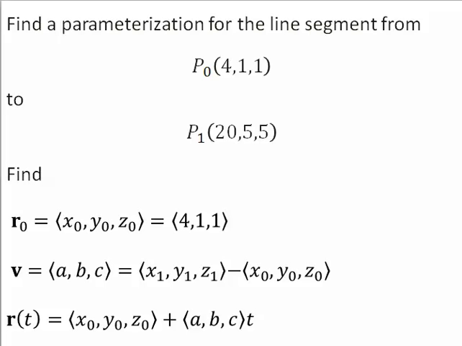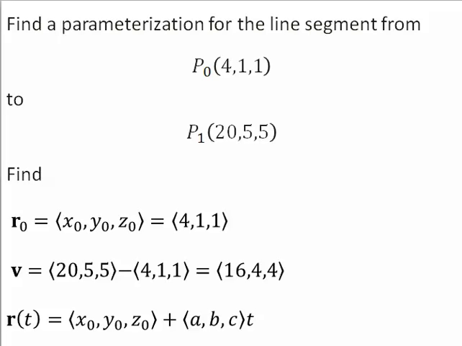Notice that our starting vector is just (4, 1, 1), and that's taken from the point P naught, (4, 1, 1). Now, to find the velocity vector v, we're just going to find the difference between the vector going to P naught and the vector going to P1. So do that, and you get v is just (2, 5, 5) minus (4, 1, 1), and so v is equal to (-2, 4, 4).